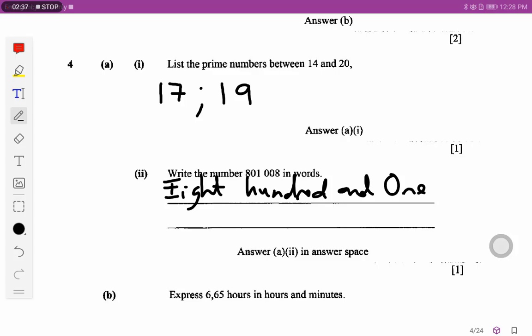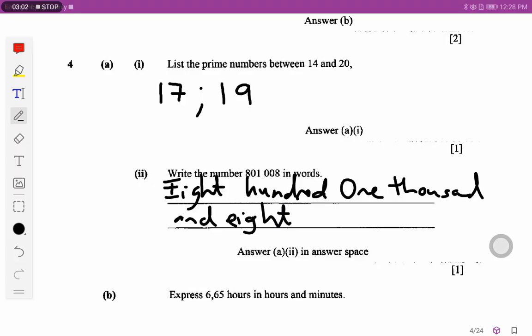Sorry, it's 801,000 there, not 'and' here. If I put 'and' here, it becomes wrong at the end. So let me just say 801,000 and 8.